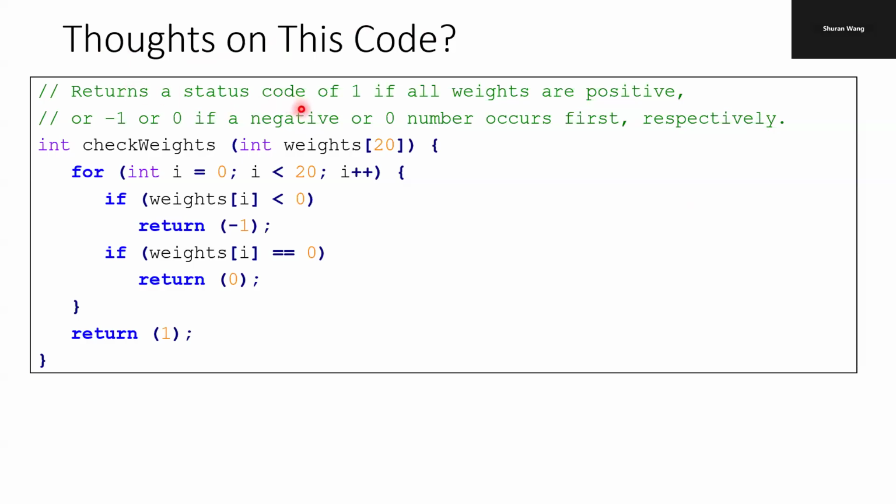It returns a status code of 1 if all weights are positive, -1 if there is a negative number, or 0 if there is a 0 occurring first. So it ends whenever it sees a negative value and returns -1, or it ends whenever it sees a 0 and returns 0. Otherwise, it returns 1.